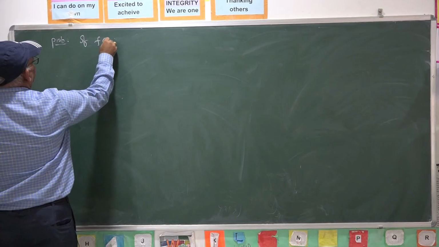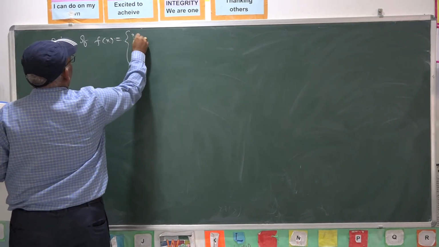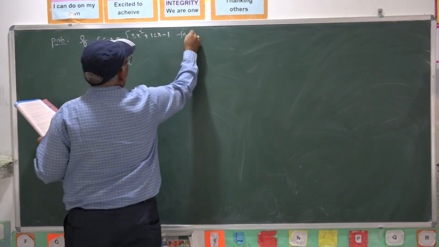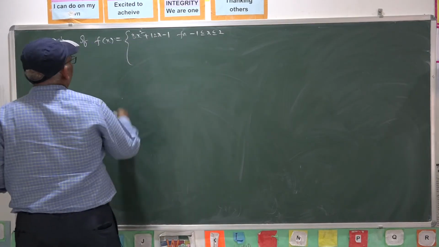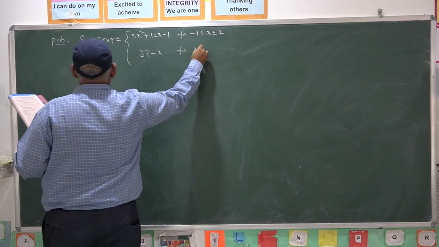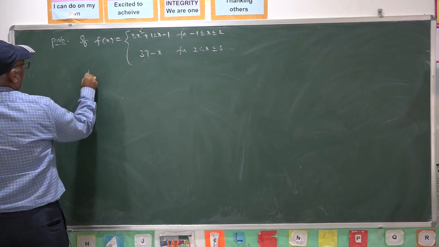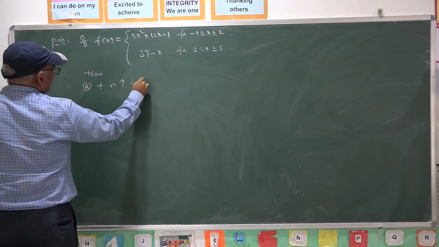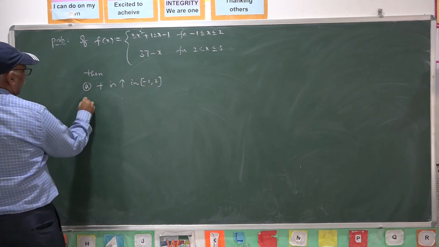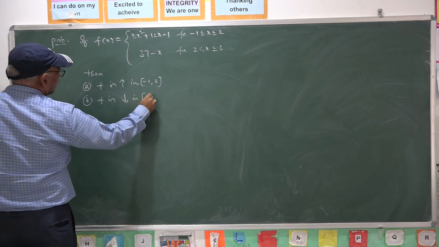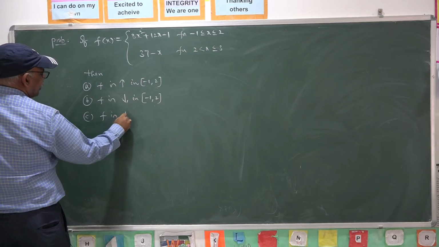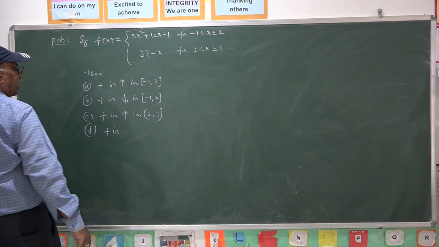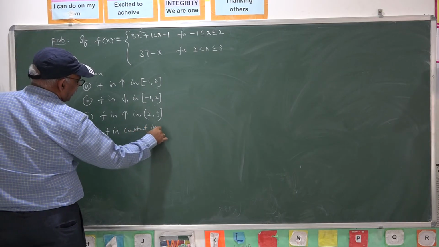If f x equal to 3x square plus 12x minus 1 for minus 1 less than or equal to x less than or equal to 2, and 37 minus x for 2 less than x less than or equal to 3, then the first option is, a, f is increasing in minus 1 comma 2; b, f is decreasing in minus 1 comma 2; c, f is increasing in 2 comma 3; d, f is constant in minus 1 comma 3.